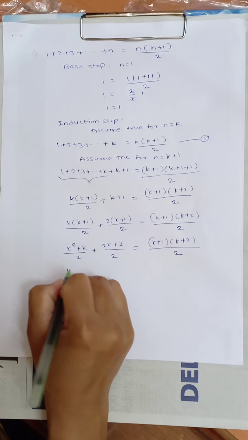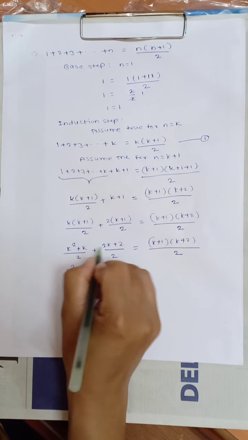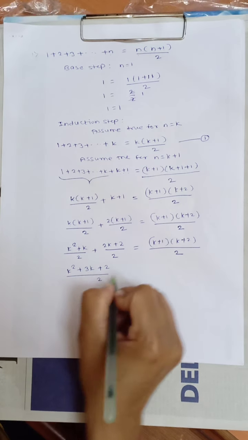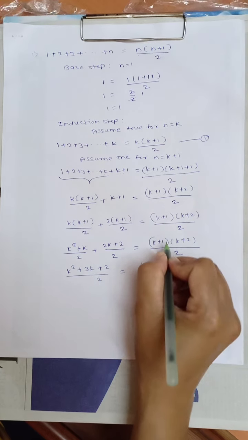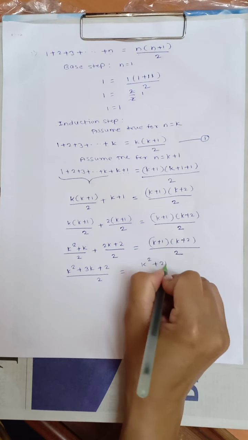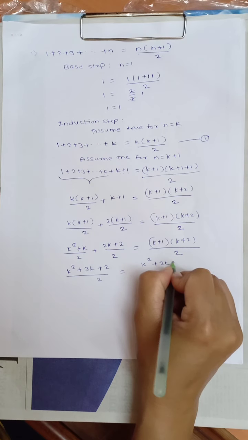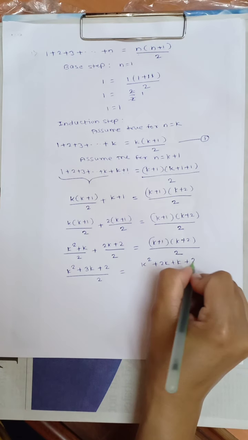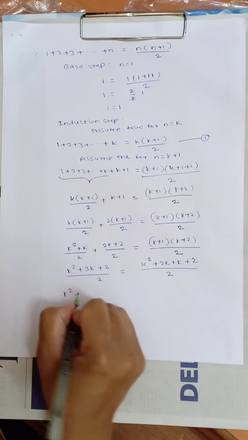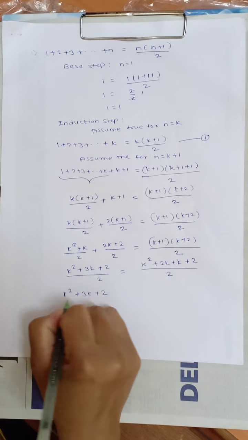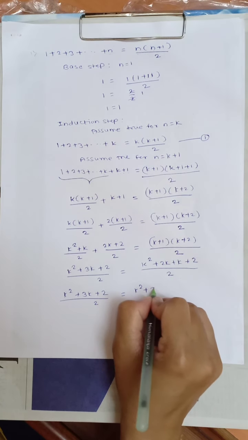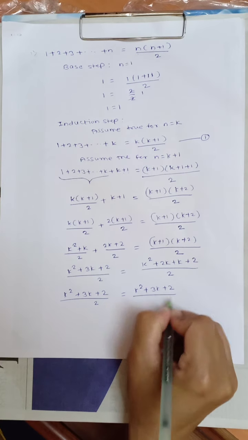So this becomes k square plus 2k plus k, which is 3k, plus 2, divided by 2, is equal to, again performing the multiplication, k square plus k into 2 is 2k, plus 1 into k plus 2 into 1 is 2, divided by 2. So again k square plus 3k plus 2 upon 2 is equal to k square plus 2k plus k, that is 3k, plus 2 divided by 2.